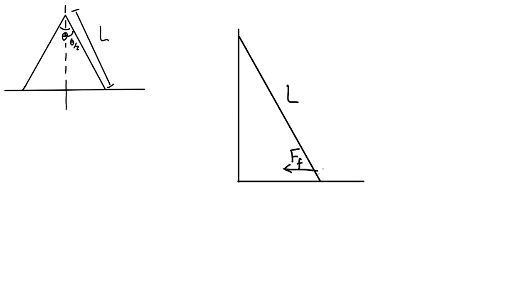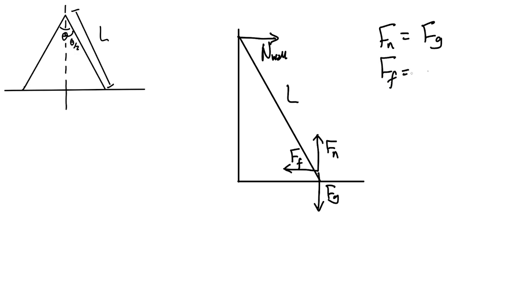It has some gravitational force, some normal force that counteracts the gravitational force, and we have another normal force against the wall. So we can just call this normal force wall. We know that Fn here is going to be equal to our gravitational force, so that means that our frictional force is going to be equal to mu mg.